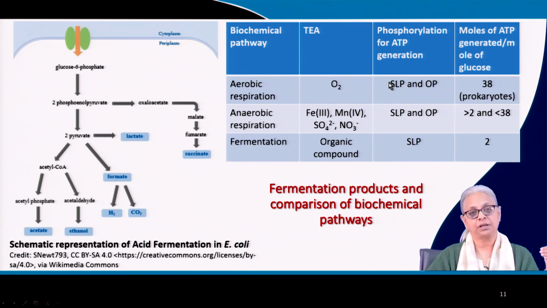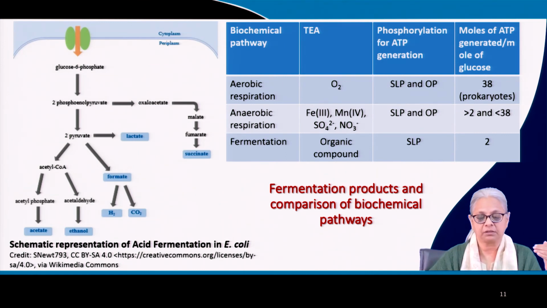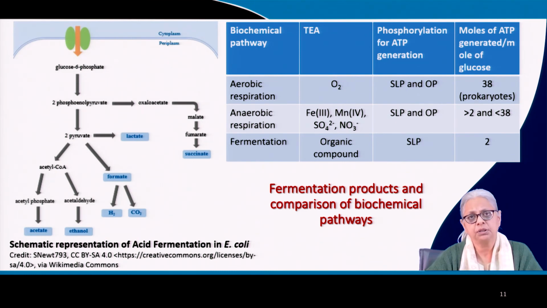In aerobic respiration and anaerobic respiration, you get both substrate level phosphorylation, SLP, and OP, which is oxidative phosphorylation. We've already gone through the accounting where we saw that 38 ATP is the maximum number of ATP molecules that can be generated per molecule of glucose, and this is for prokaryotes only.